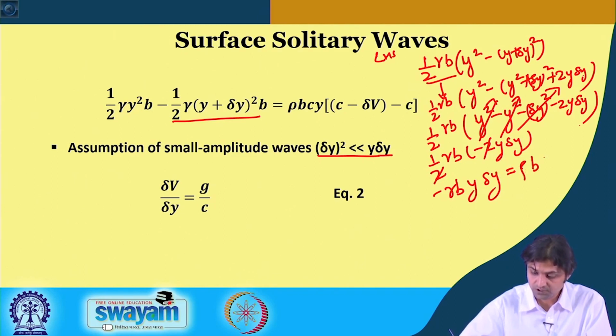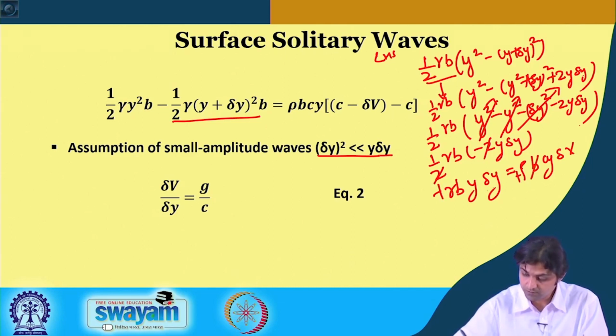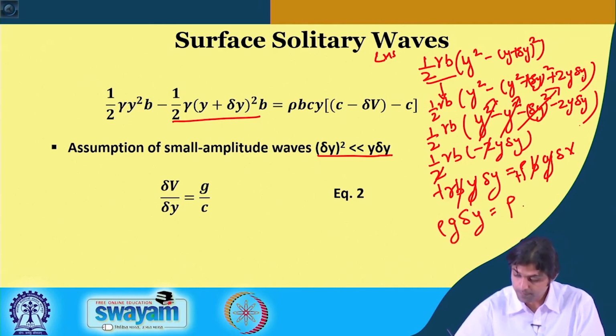On the right hand side, rho b c y, and c gets cancelled, and this becomes minus delta v. The minus signs get cancelled, b and b get cancelled, y gets cancelled. So, gamma is rho g, and we can write rho g delta y is equal to rho c delta v.